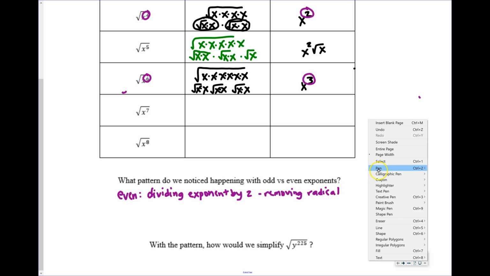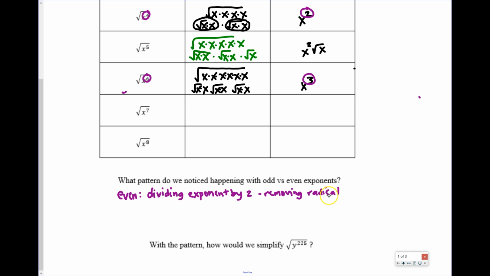So for example, in this x to the 8th I have right here, there's the 8. If I do 8 divided by 2, that's going to leave me 4, so then my answer is going to be x to the 4th, and I remove the radical. Okay, it's that simple. So the square root of x to the 8th is x to the 4th.